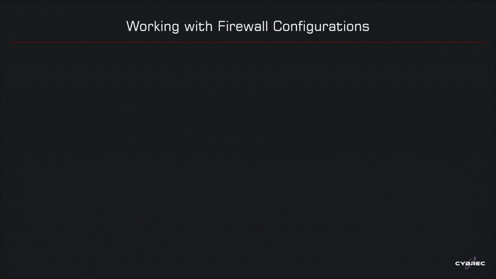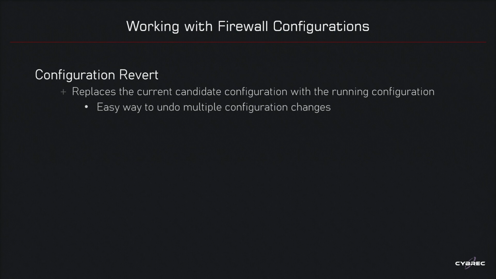But let's get back and talk a little bit more about the reverts. I already showed you how reverts work. The idea here is that we will replace the current candidate configuration, which is in memory, with the running config, which is an easy way to restore the original configuration of the device after we made some changes, typically multiple changes.